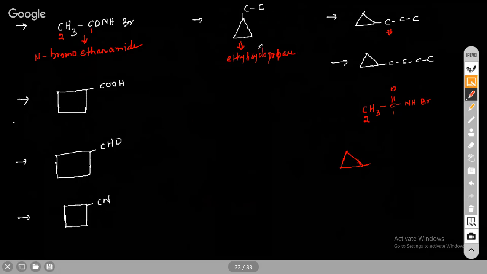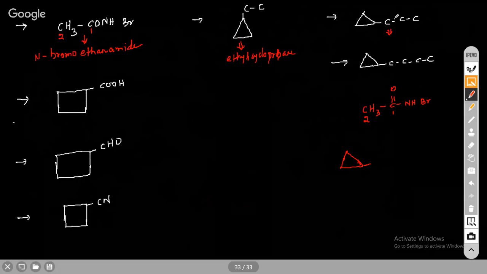Whenever the ring has more than or equal to the number of carbon atoms present in the side chain, we always consider the ring as the parent chain. So if the ring is the parent chain, this is the substituent. It is ethyl cyclopropane.